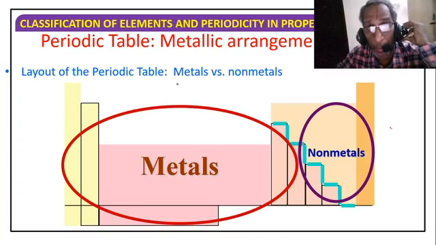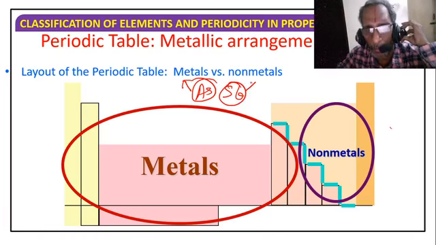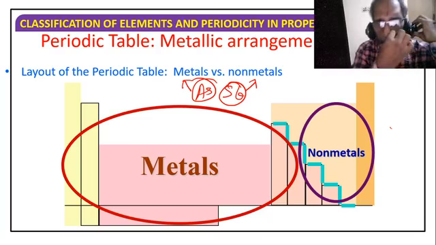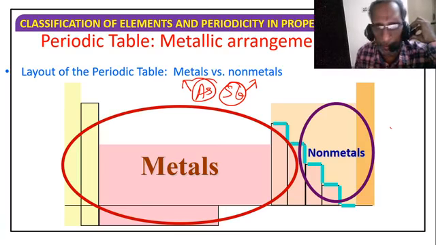So these are the important properties of metals. Those which do not possess these important properties come under the category of non-metals. But arsenic and antimony have some properties of metals and some properties of non-metals, almost equal. That is why they are called metalloids.